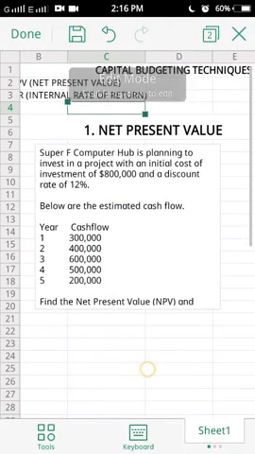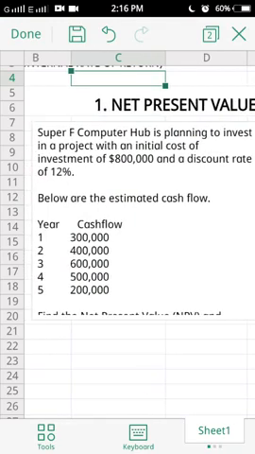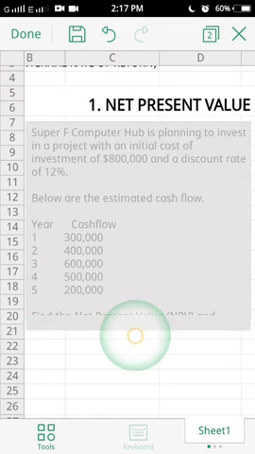Now, we have a question before us. This question goes thus: Super F Computer Hub is planning to invest in a project with an initial cost of investment which amounts to 800,000 and a discount rate of 12%. Below are the estimated cash flows.